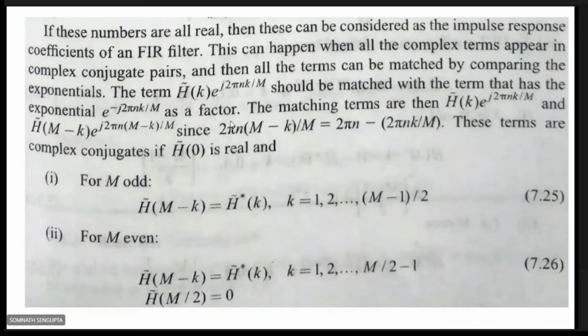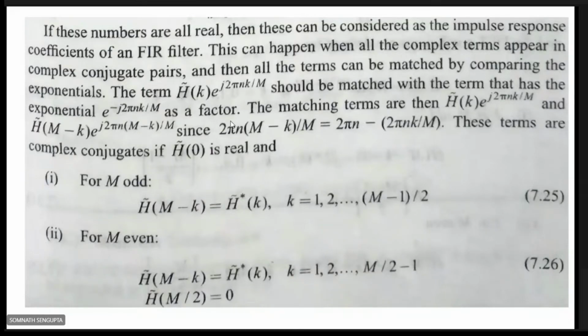Now, the samples from 0 to m minus 1 by 2, these samples will be repeated, so the first half of the samples will be repeated at the second half of the samples.